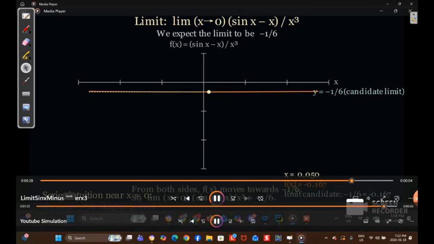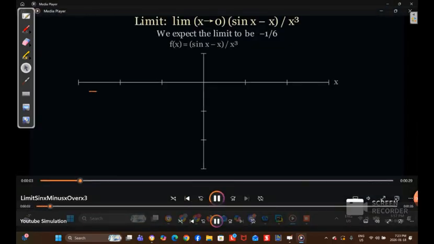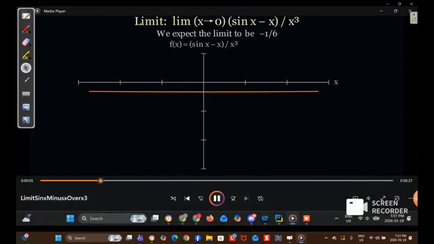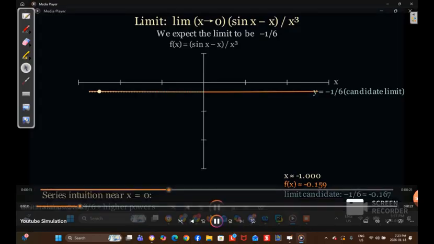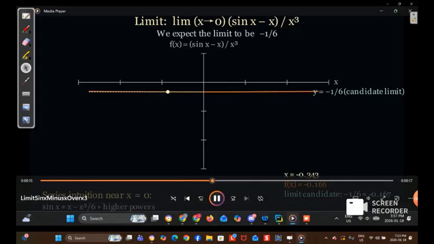It's going to make more sense when I do it algebraically, as opposed to showing you just the simulation. But the simulation can provide hints on how to solve the problem. As you can see again, the series intuition near x equals 0. We have sine x approximately equal to x minus x cubed over 6 plus dot dot dot.